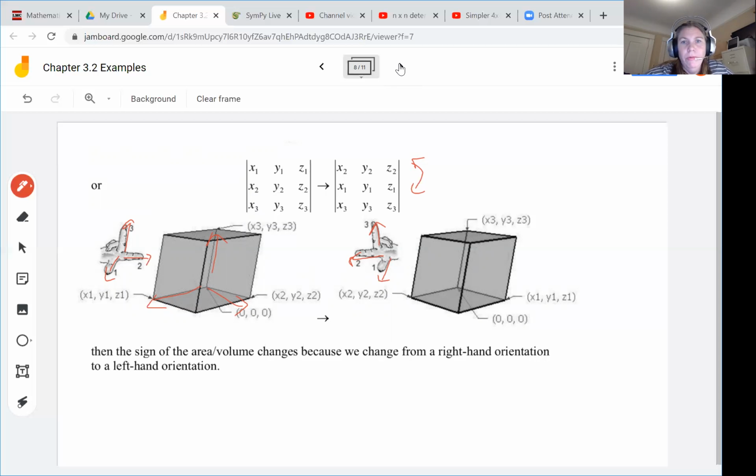So when we do the swap from row 1 and row 2, the sign of the area or the volume changes, because we're changing from what we call the right-hand orientation to what we think of as a left-hand orientation. You can think about that rotation as a sign swap, as a reflection across the 3 dimensions here. And we know reflections correspond with sign changes.